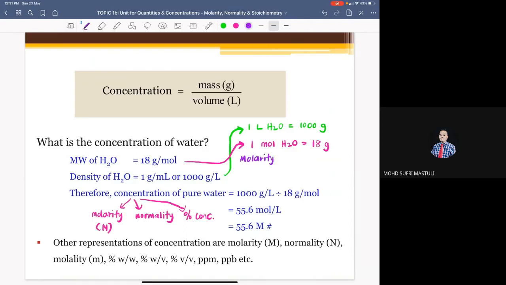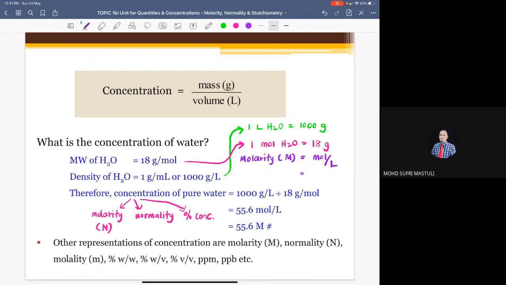Molarity is the mole per liter. From the molecular mass of water and also the density of water, we can calculate the molarity of water.